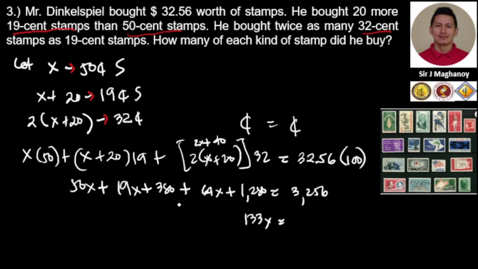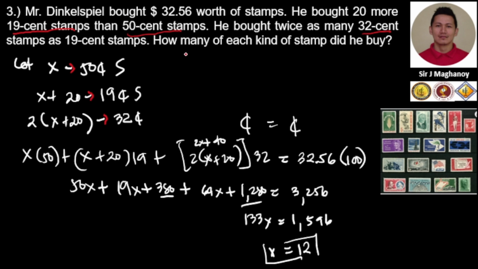So we transpose 380 and 1280 to the other side. 3256 minus 380 and minus 1280 will become 1596. Therefore our x is equal to 1596 divided by 133, that will become 12. So our x is 12.